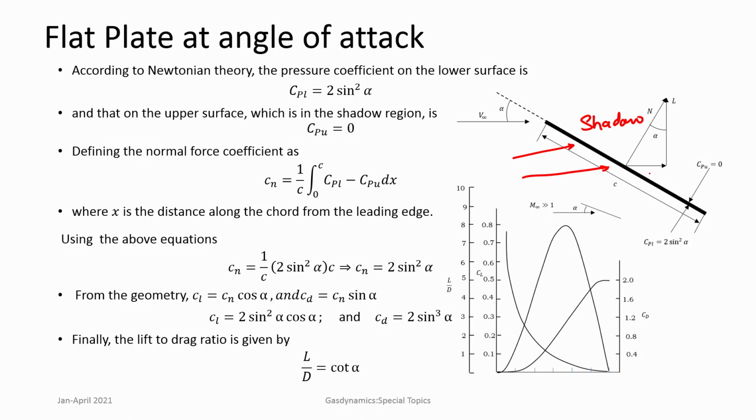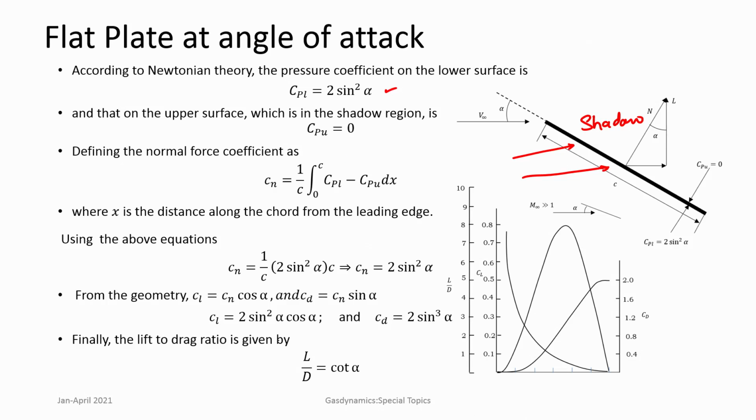Or rather Cp is very low, it can be considered as 0, while only Cp is considered for the windward facing flow where the impact takes place, where at this lower half it is 2 sine square alpha.